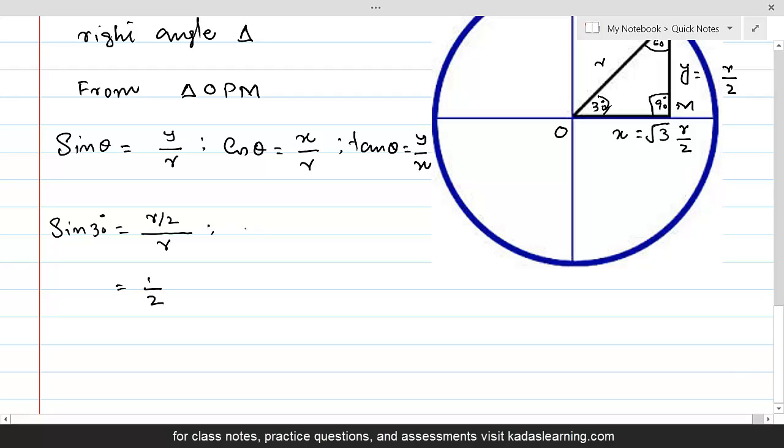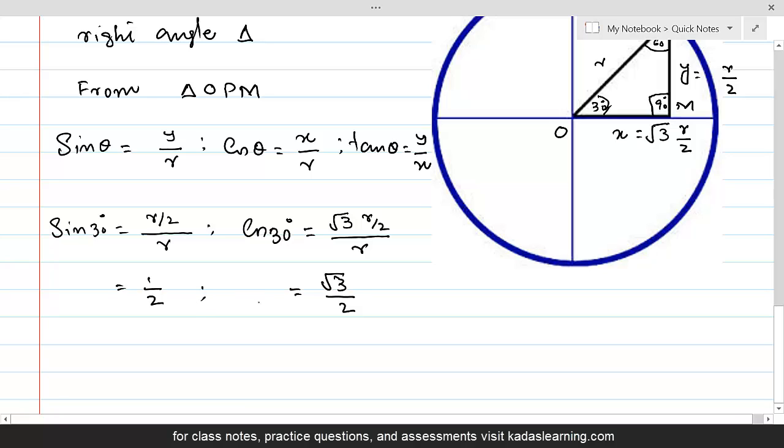And cos 30 degree, which is equal to x over r. Now let's put down the values of x. So this would be under root 3 r over 2 divided by r, would be equal to under root 3 over 2, because r will be cancelled with r.